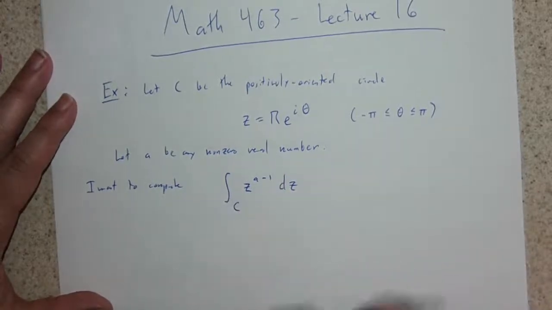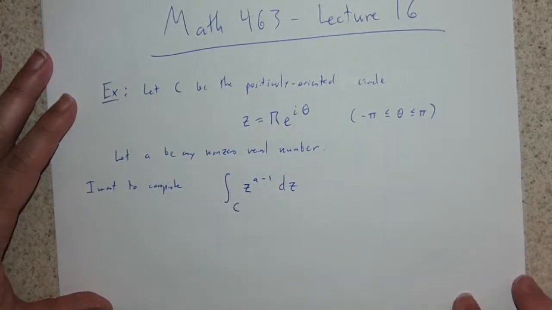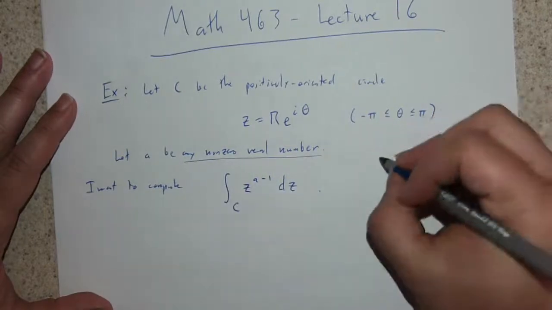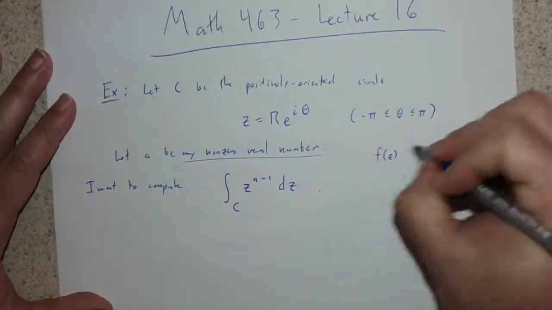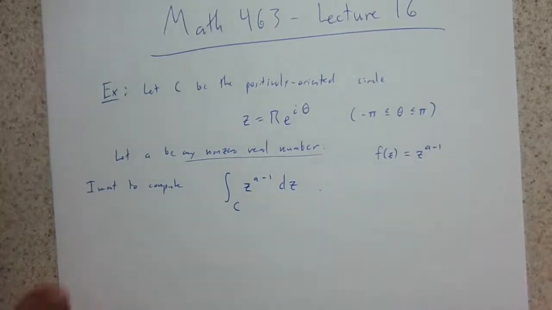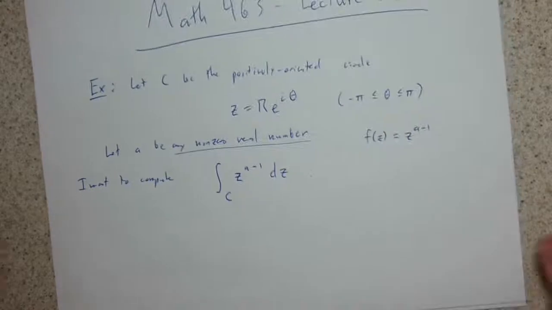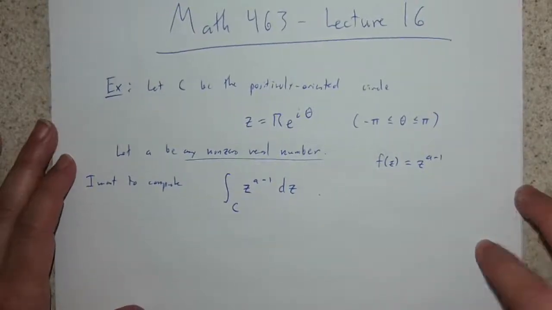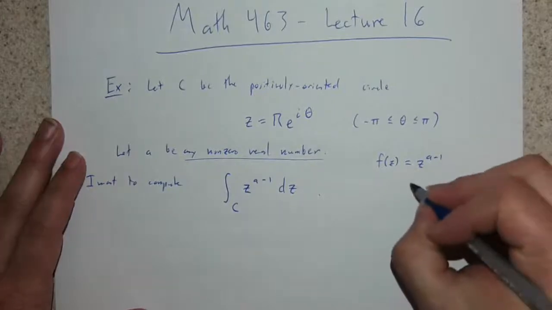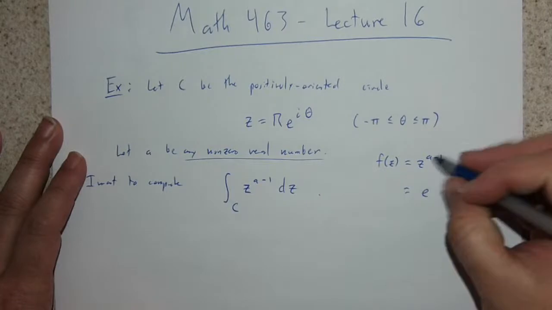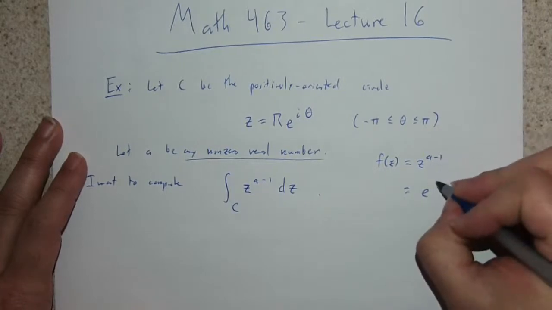So I want to compute this thing. Now, because a is just a non-zero real number, when I define this integrand function z to the a minus 1, it's not as simple as that. This has a very specific definition that we mentioned before, which is that this is defined as e to the (a minus 1) log z.